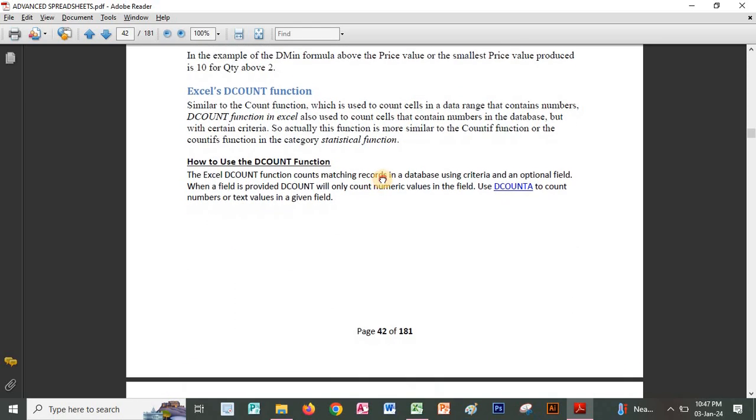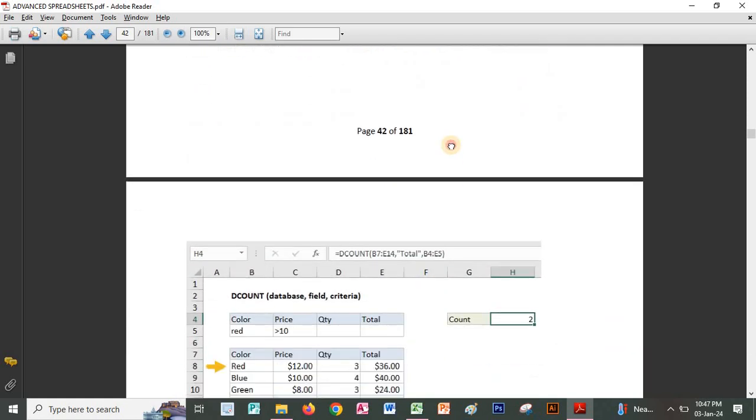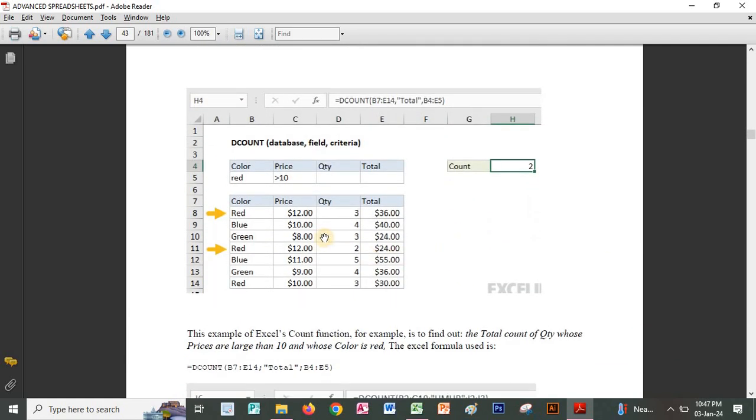And counting, DCOUNT also works just like the rest of them. We are counting from this group B7 to E14, the totals that are red and whose prices are greater than 10. So how many are red and greater than 10? Only 2. So if you count them, it becomes 2.